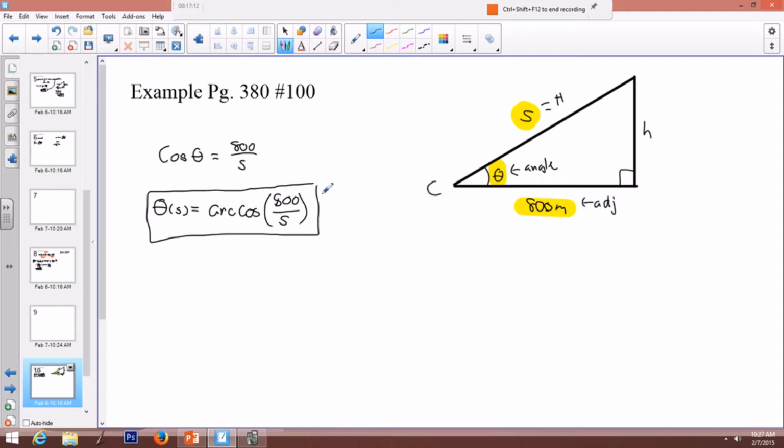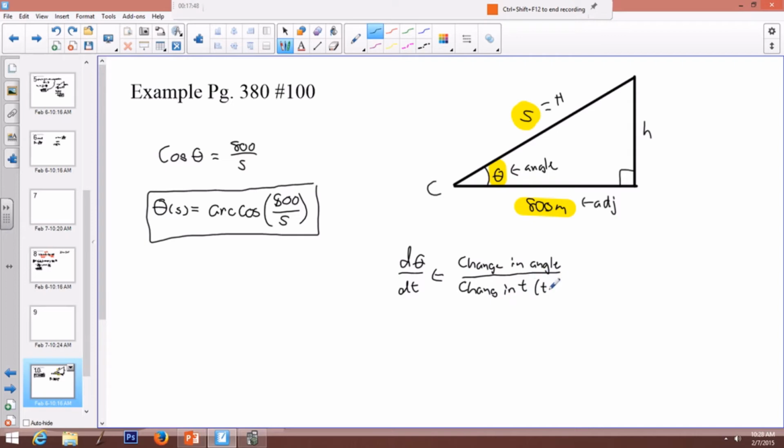Now, the last thing they ask us to do is they want us to find d theta over dt in terms of s and t. So when they say d theta over dt, they are talking about the change in angle over the change in t.